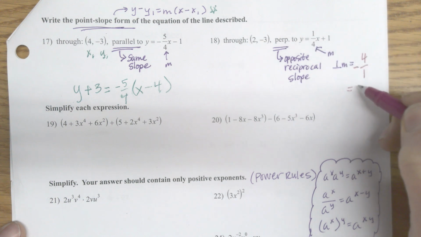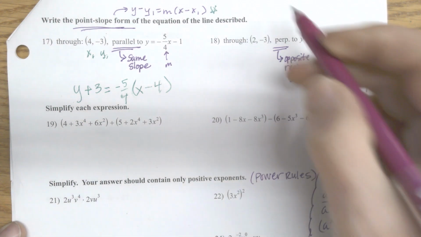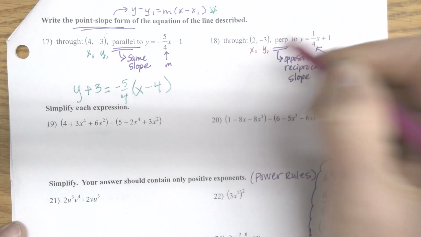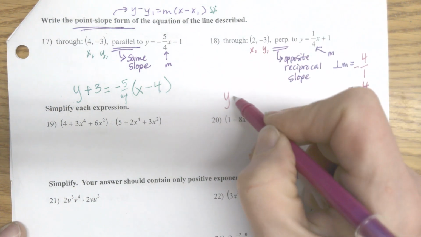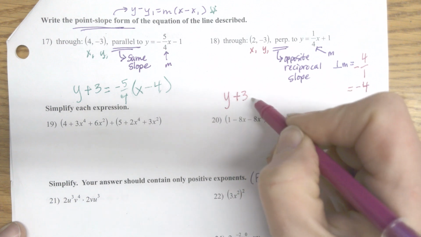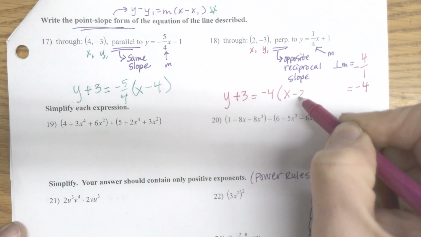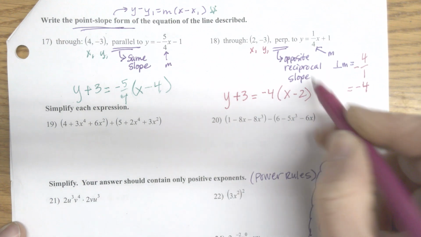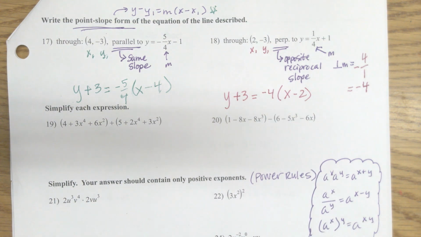So actually it's -4 when I reduce it. Now I have my x1, y1, and I can put it in the form of the equation. y minus -3 equals -4 times x minus 2. Again, it says leave it in point slope form, so I can stop right there.